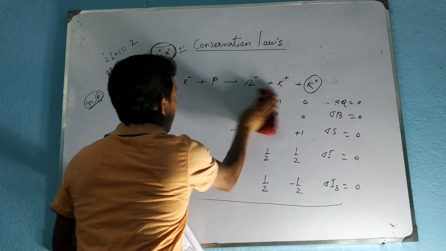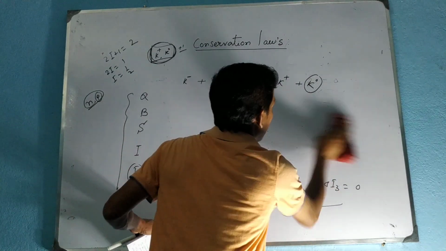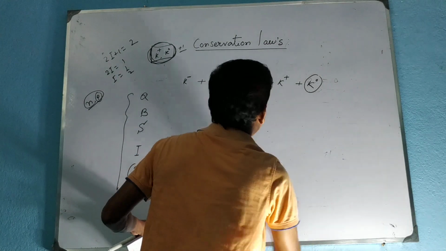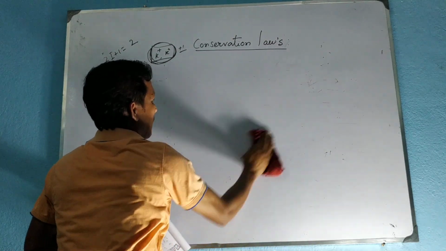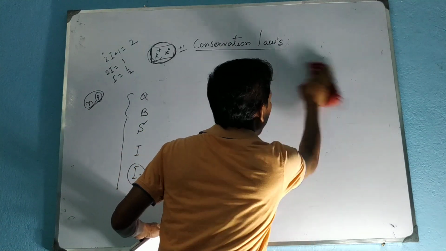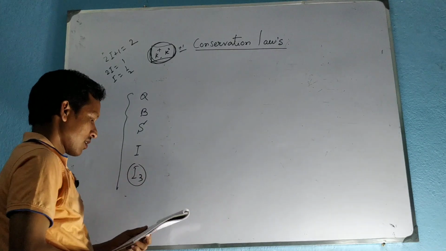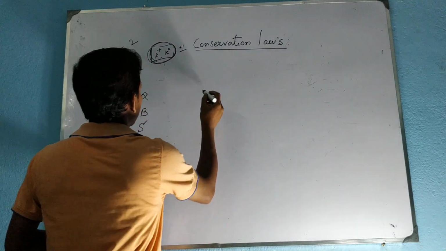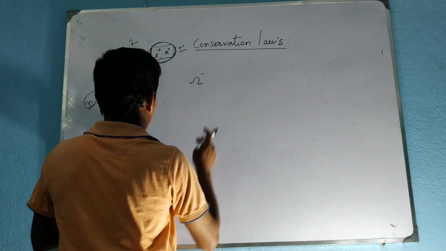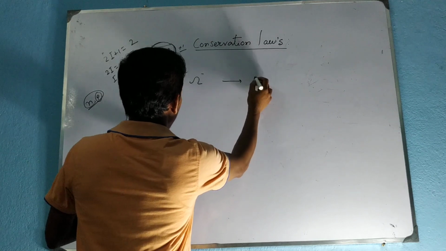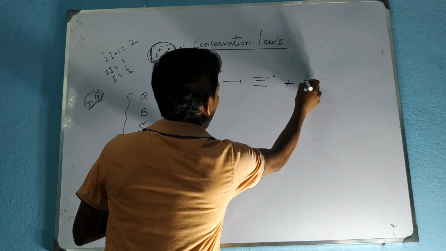Again, let me show another example. Omega minus goes to xi 0 plus pi minus.